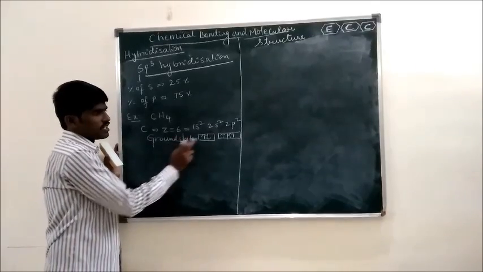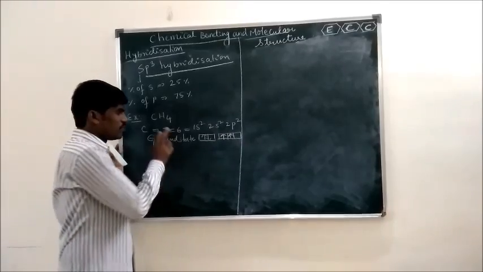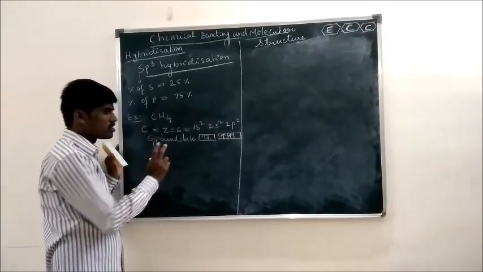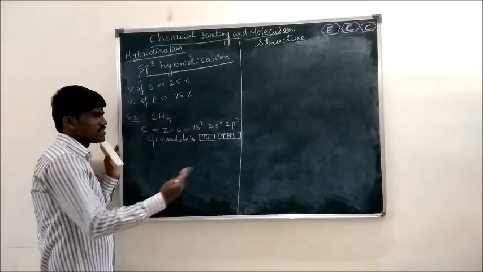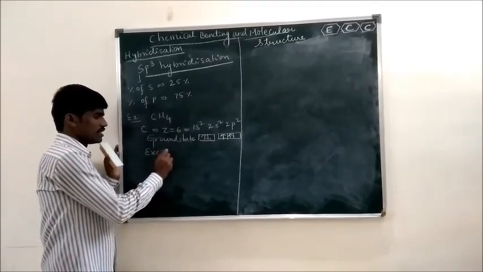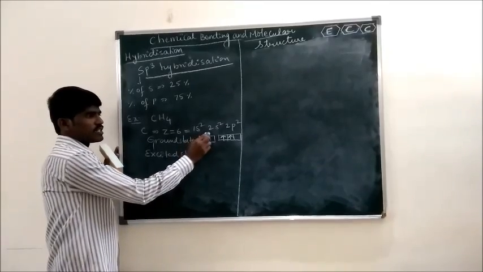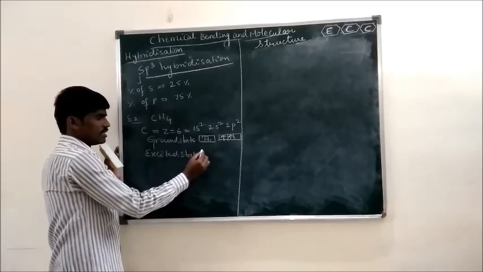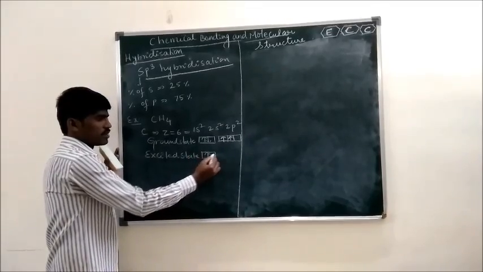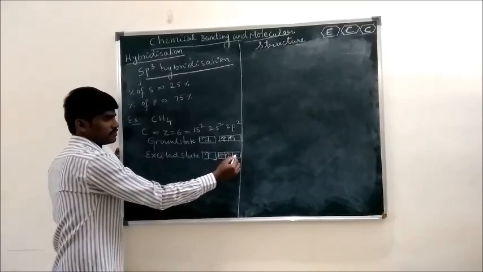In the ground state there are 2 unpaired electrons, which means carbon can form only 2 bonds. But as you know, carbon actually forms 4 bonds. In the excited state, 1 electron from 2s is promoted to 2p, so 2s2 becomes 2s1 and 2p2 becomes 2p3.